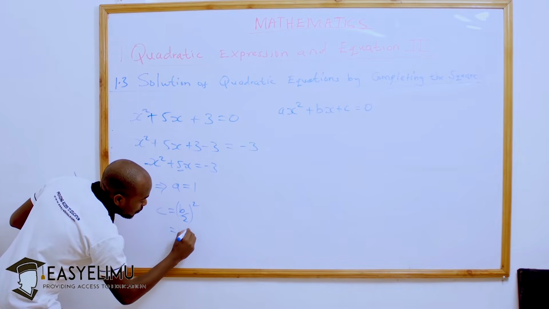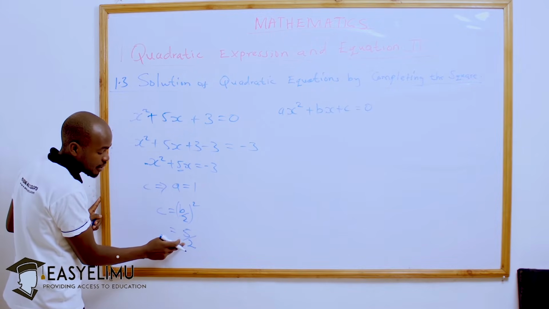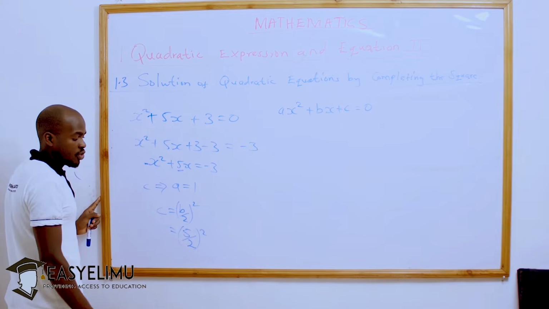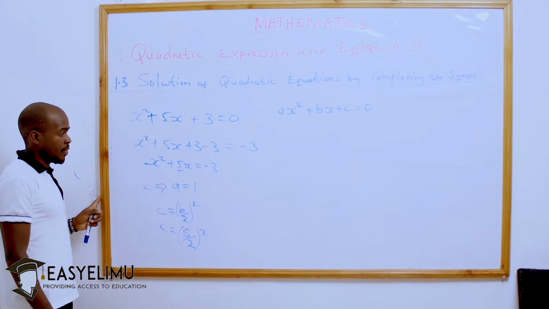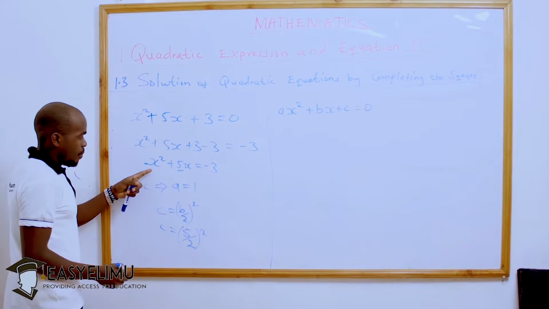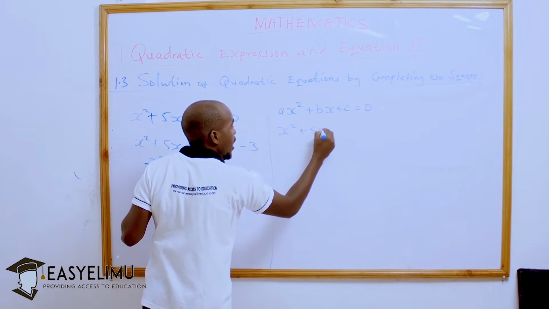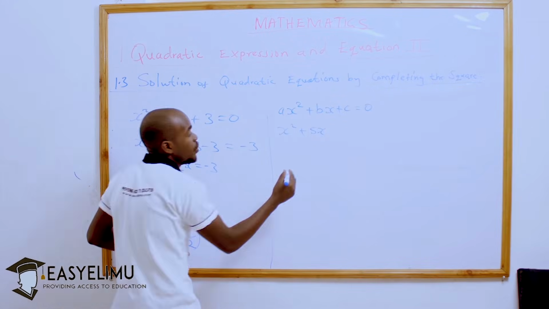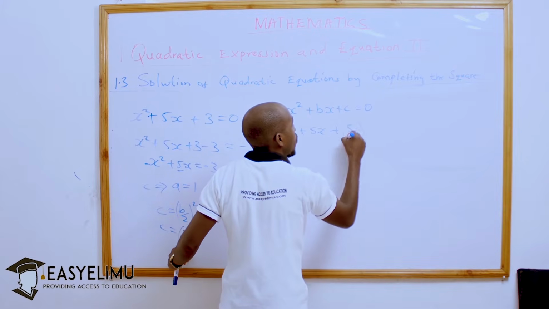So we have 5 over 2, then we square. This is our value of c. So we can write the quadratic equation as x squared plus 5x, which is present, plus now the value of c, which was not present, so plus 5 over 2 squared.